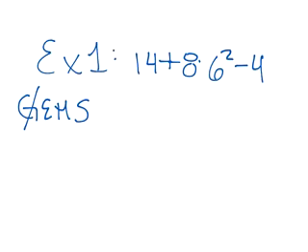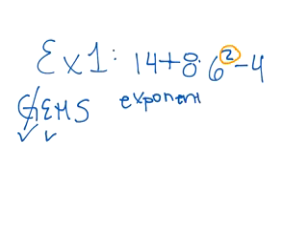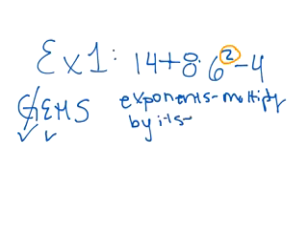Now I did grouping, so I'm going to do exponents. My exponents, there's only one. It's this 2 up here. Now, I want you to write this down: an exponent is basically telling you to multiply by itself that many times.